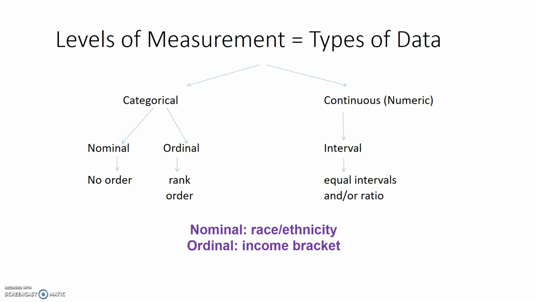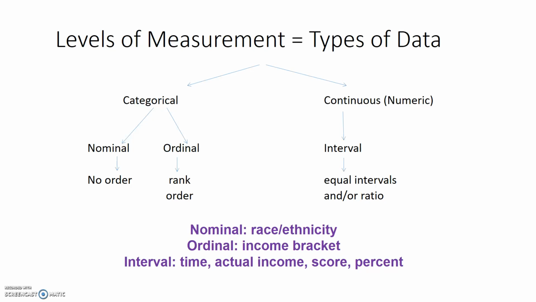That is more than the bracket of $20,000 to $30,000 a year. So it's still a category. We don't know how many people are $49,000 versus $41,000. We just know that they're in this range. That makes it ordinal. If we ask actual income, where they typed in a number, that becomes continuous information.